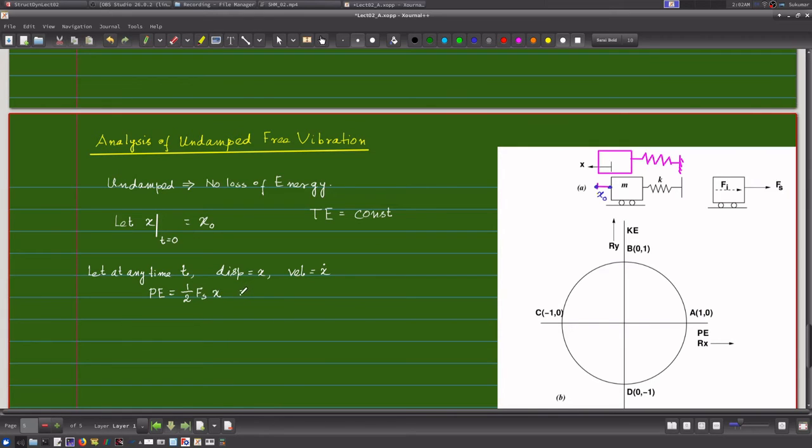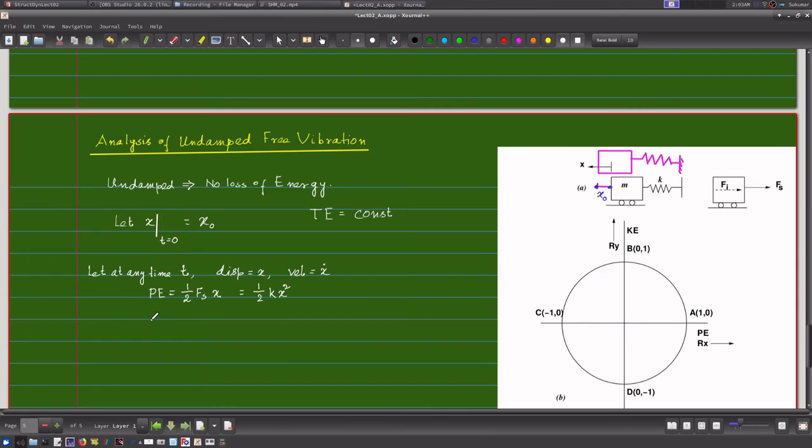And I already know that spring force is k times x, and therefore it will be half k x square, right? Remember, x is a time variable, it's a function of time.